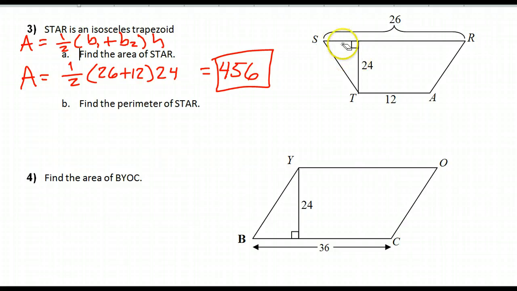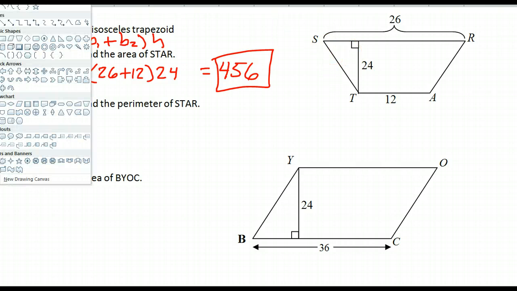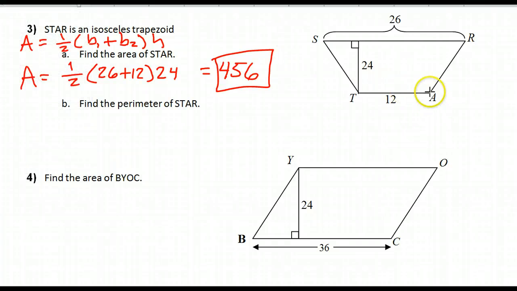Because to do the Pythagorean theorem, we need to know the other leg of this right triangle over here. So the easiest thing to do is to form both right triangles by doing this. Okay, so we have a right triangle over here too.